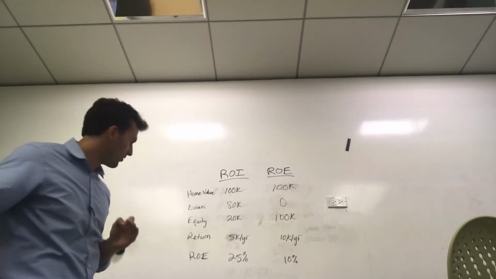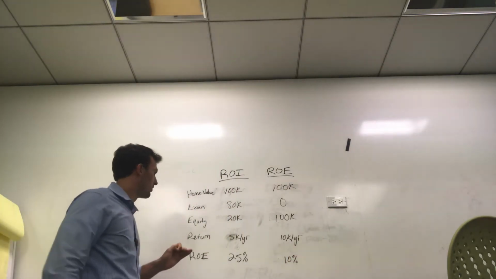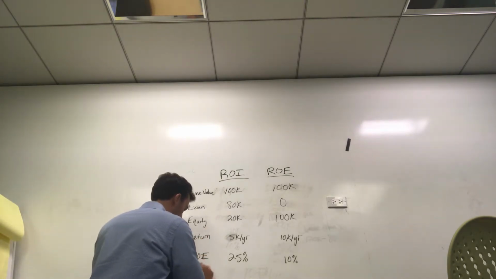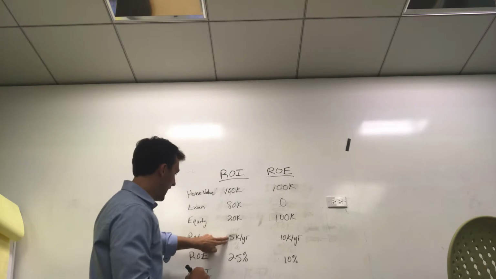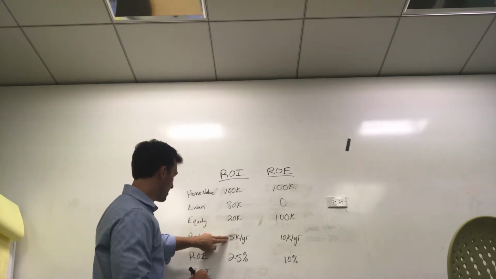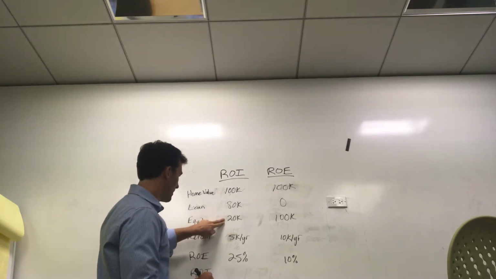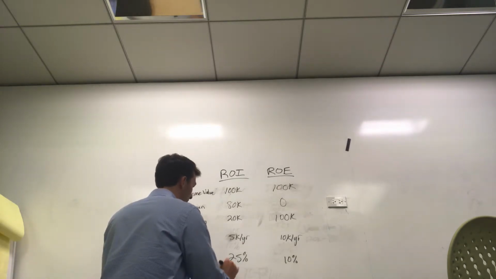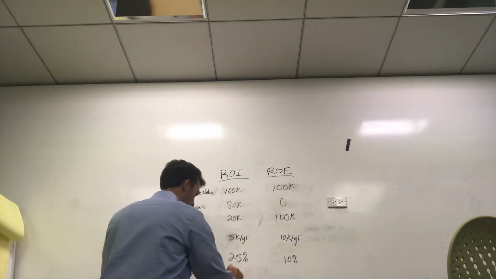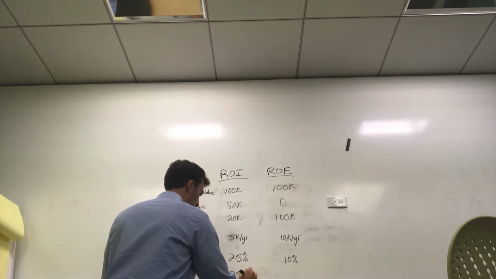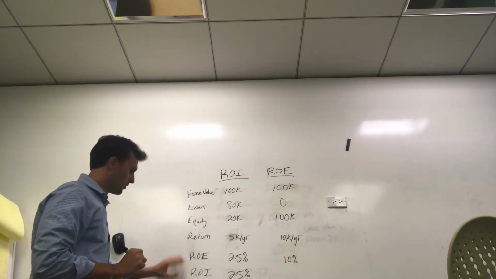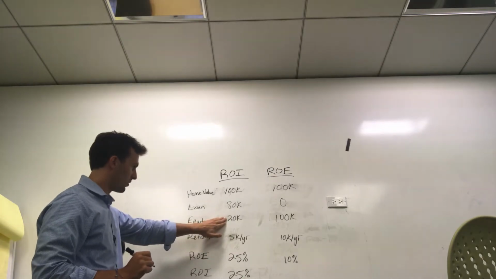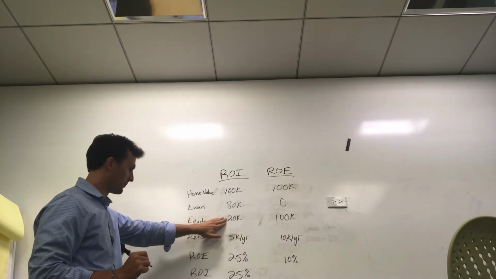So this is another great example. And now ROI on this property, return on investment, I'm getting $5,000 a year. I put down 20. So my return on investment is also 25%. Okay, you guys see that? Because I'm getting 5,000 and I invested 20,000. Okay.